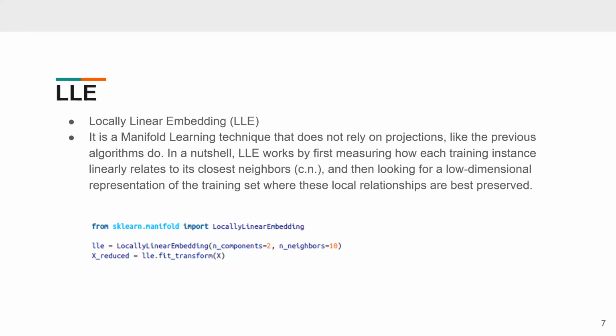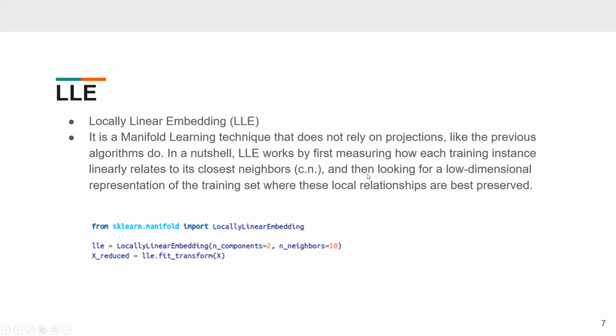So you have each point or instance, and a bunch of neighbors of this instance. In the LLE methodology, you're trying to preserve that local relationship, that closest neighbor relationship with this point, as much as possible. So that's a high-level discussion of locally linear embedding.